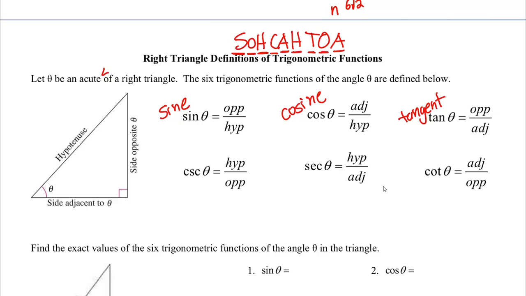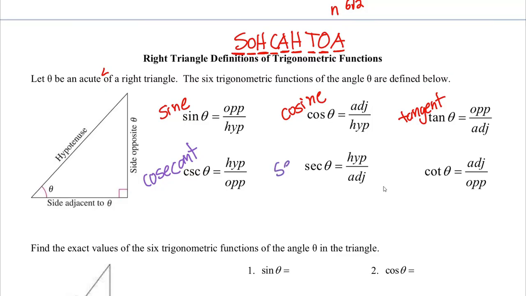So what we are adding to that are the ones at the bottom, and they each correspond with one on the top. So the first one is cosecant. It corresponds with sine. So if sine is the opposite over the hypotenuse, the cosecant is just that flipped, so it is the hypotenuse over the opposite.